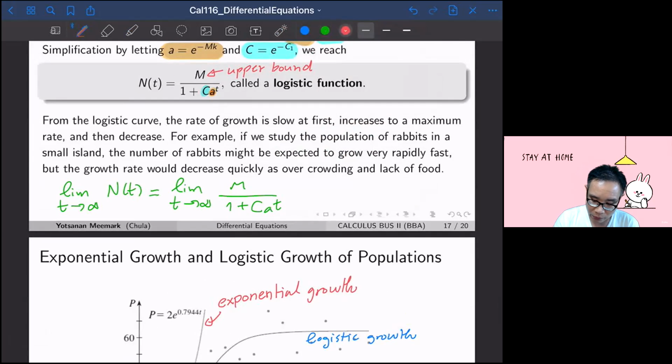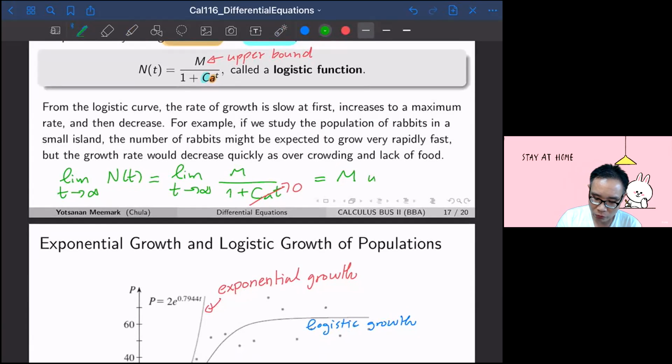So this guy will turn out to go to 0, and as t goes to infinity, it's going to be equal to M. So this one will go to your upper bound.